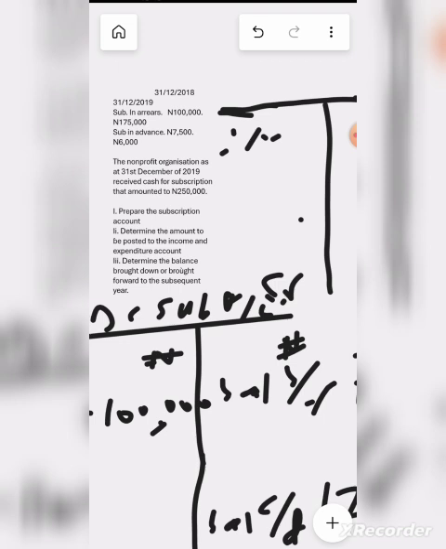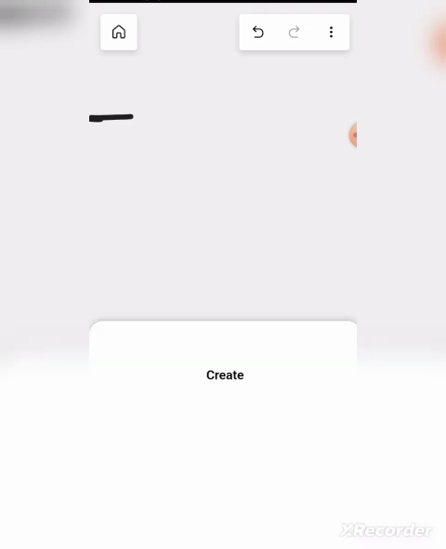So this means that we are going to post cash. This is just the ledger posting. Let me explain that to you. This is the ledger transaction posting.